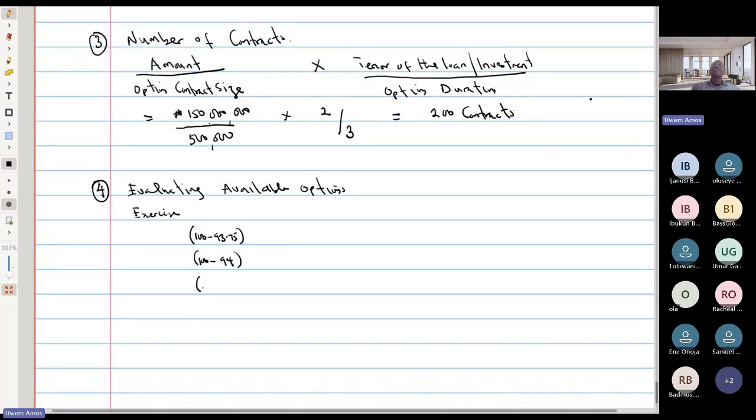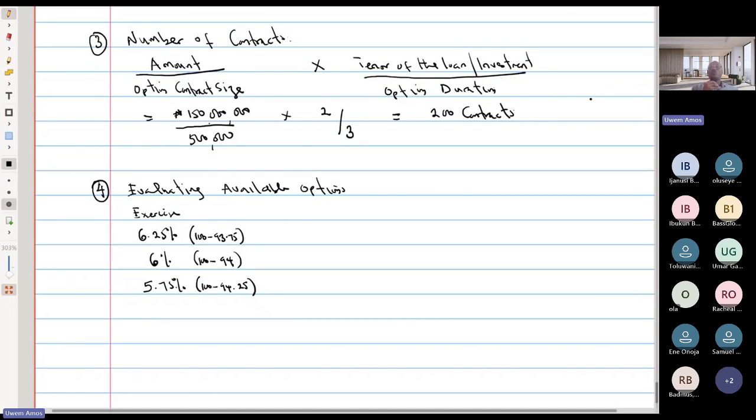The third one is 94.25, so 100 minus 94.25 gives us 5.75%. Those are the different ones in the market.